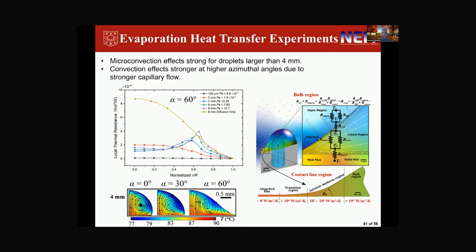However, for droplets larger than 4 millimeters, there's a shift in local thermal resistance away from the apex of the droplet, which can be attributed to more mixing. In addition, for asymmetric droplets, we also see stronger convection effects at higher azimuthal angles, and we attribute this to higher capillary flow because there are higher evaporation rates in these thinner regions at higher azimuthal angles.